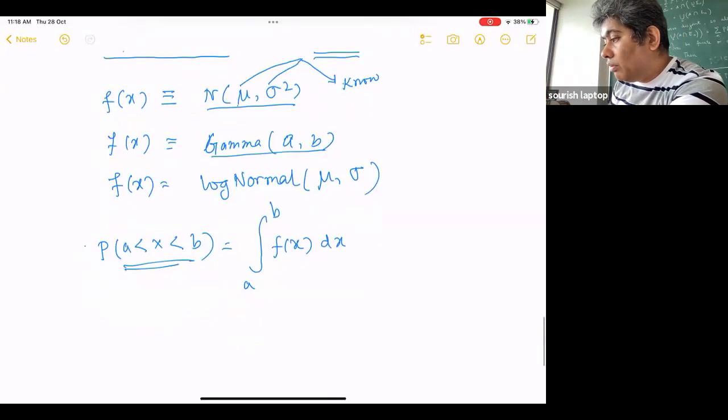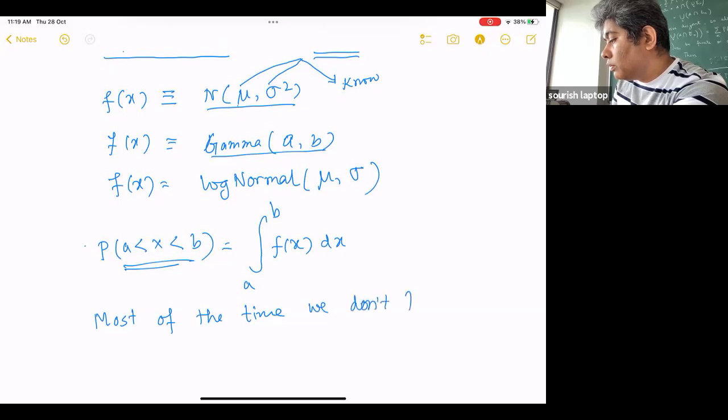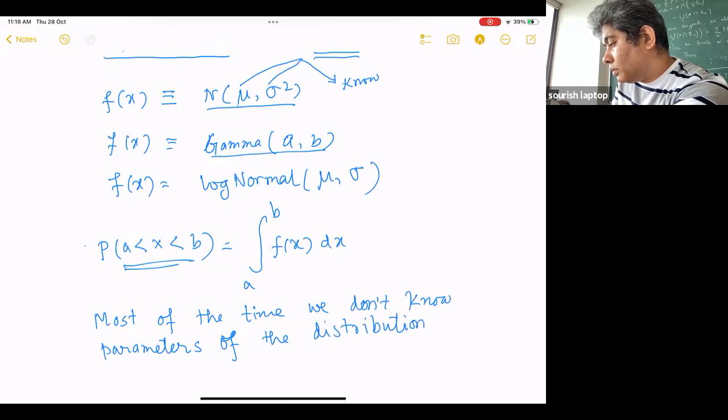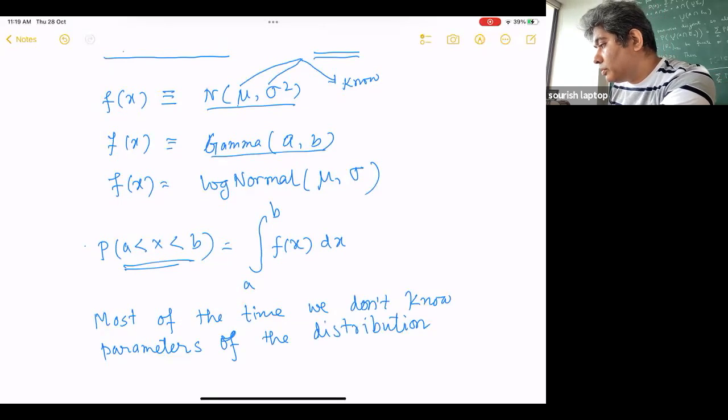But in reality, most of the time, we don't know the parameters of the distribution.